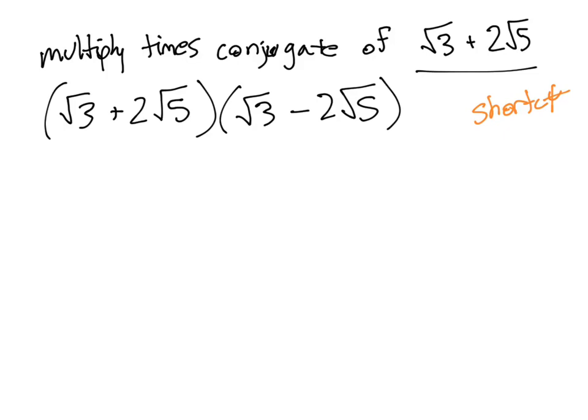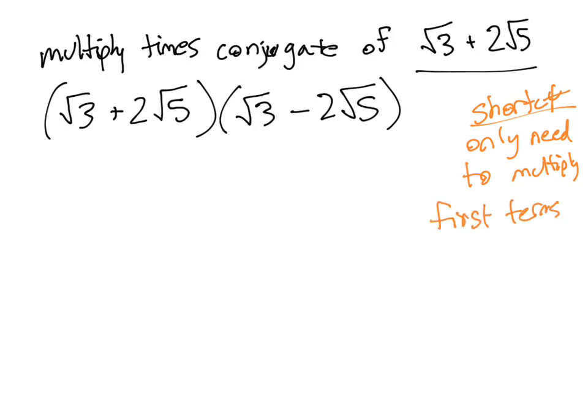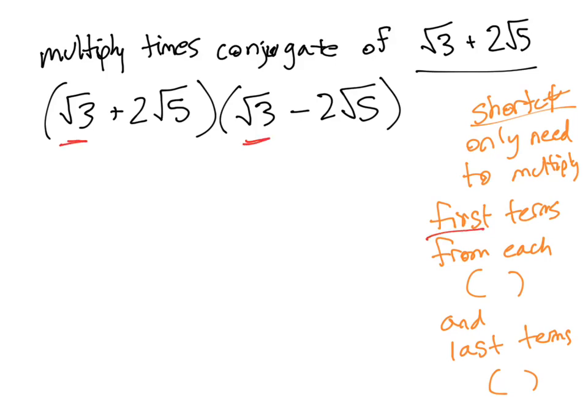In the special case that we're multiplying conjugates, we only really need to multiply the first set of terms from each pair and the last set of terms from each pair, meaning we just need to multiply these two terms together, and we also need to multiply these two terms together.